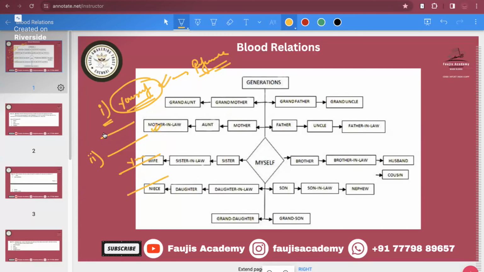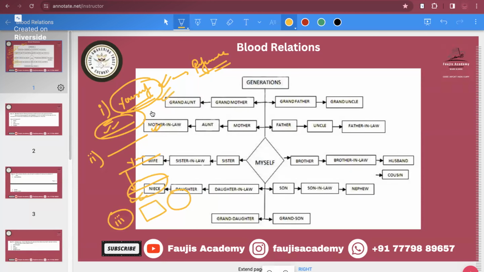Your grandfather and their brothers and sisters will come into the generation before that. Your children, and your nieces and nephews, will be one generation below. And lastly, try to represent all males with one symbol and all females with another. You will see the wonders. So these three rules you need to remember.